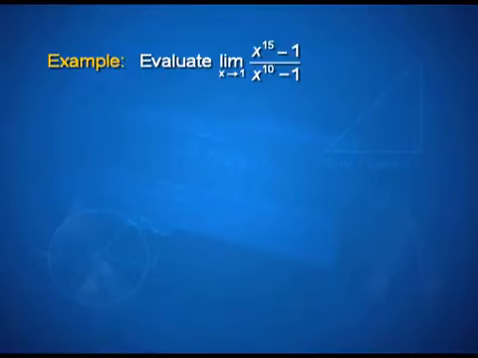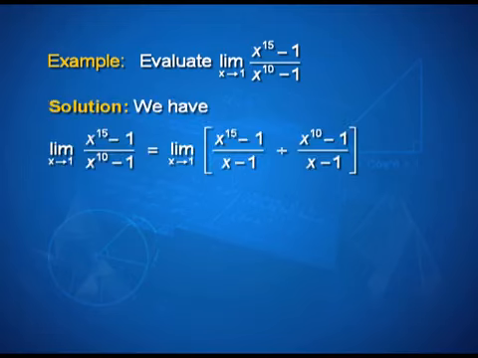Evaluate limit of x to the power 15 minus 1 upon x to the power 10 minus 1 as x tends to 1. We have limit of x to the power 15 minus 1 upon x to the power 10 minus 1 as x tends to 1. This can be written as limit of x to the power 15 minus 1 upon x minus 1 divided by x to the power 10 minus 1 upon x minus 1.